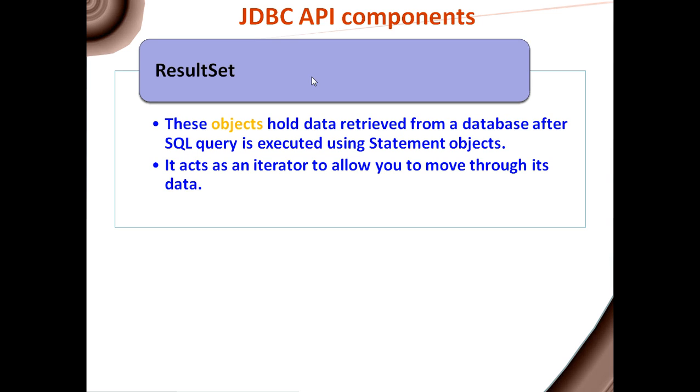These objects hold the data retrieved from the database. It is an iterator: if there are 100 records in a particular table, it gives you the list, but you can get it record by record and iterate over all 100 records as you move through the data.